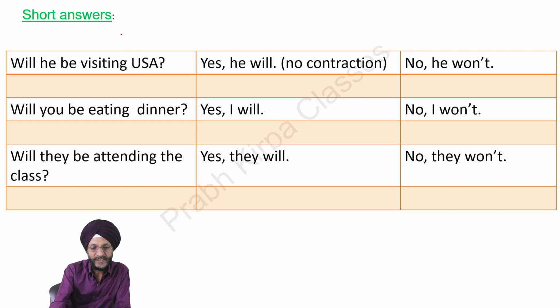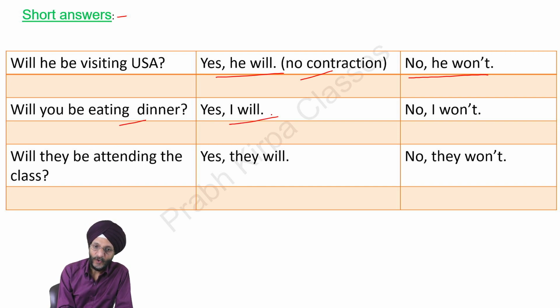Then there may be instances where we are to give short answers in future continuous. The question may be, will he be visiting USA? The answer will be, yes, he will. There is no contraction. In case of negative, you can say, no, he won't. Will you be eating dinner? Yes, I will.